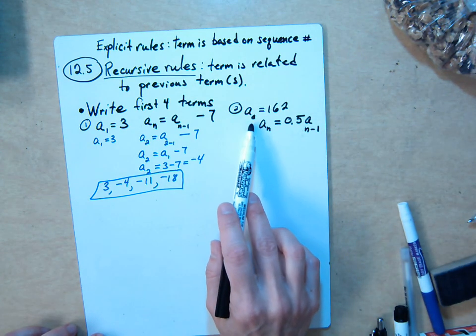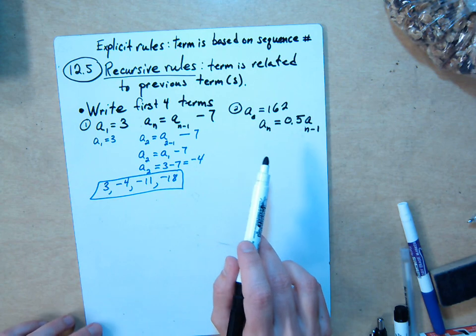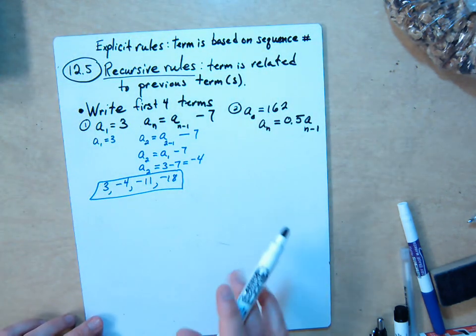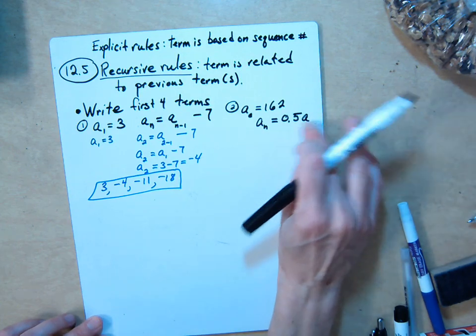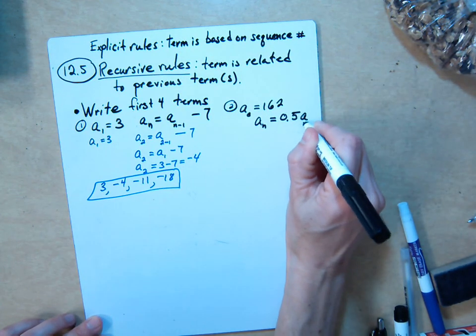So this is a sub 0 is 162, and a sub n equals 0.5 times a sub n minus 1. That just means previous term.